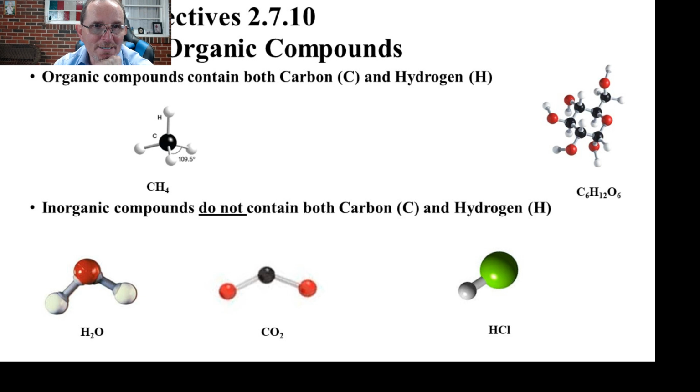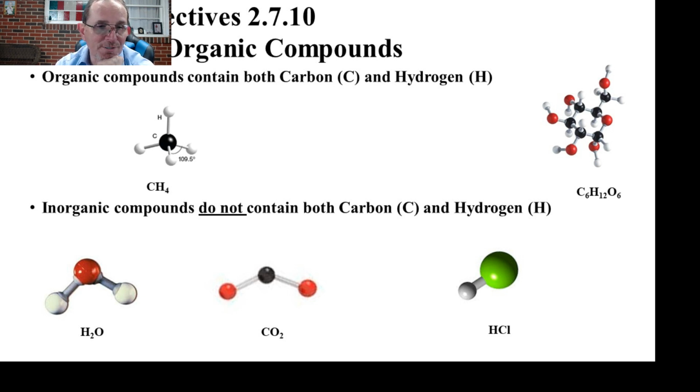Okay, the whole thing here is the difference between organic and inorganic compounds. Methane is organic because it has carbon and hydrogen. This one has carbon and hydrogen. It's got oxygen, but that's not important.